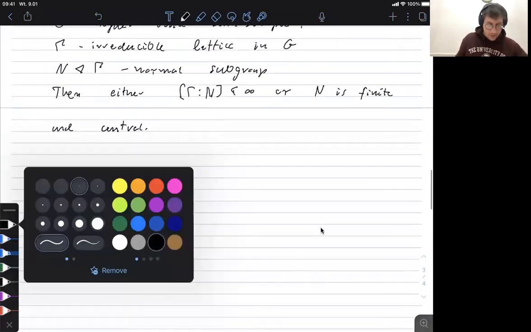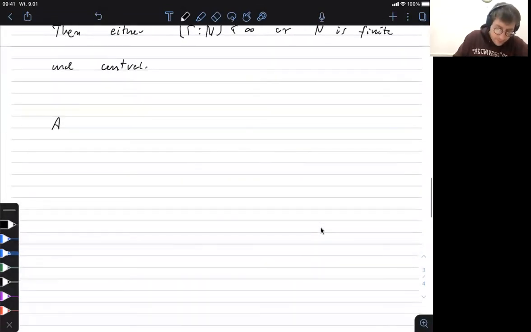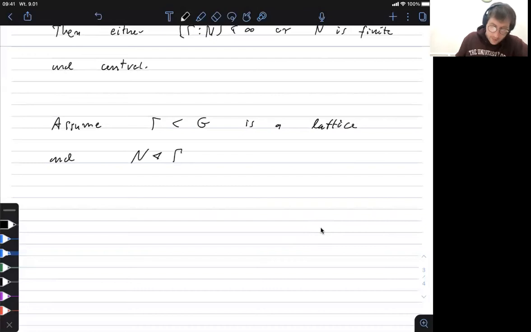So let's assume gamma is a subgroup of G, is a lattice, and N is a normal subgroup of gamma with infinite index.